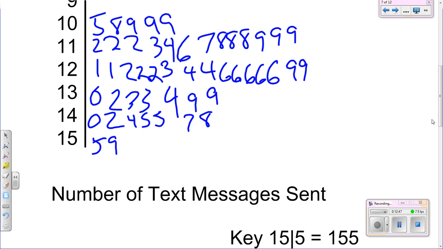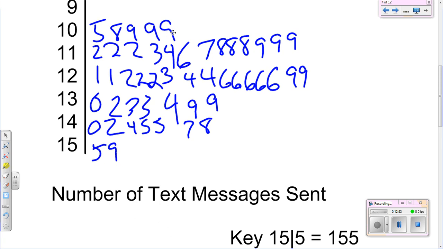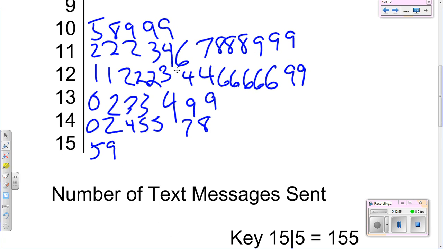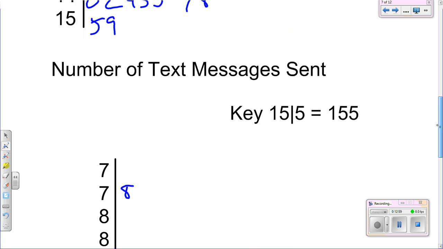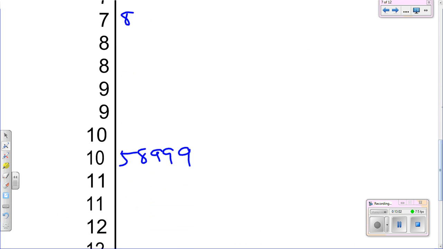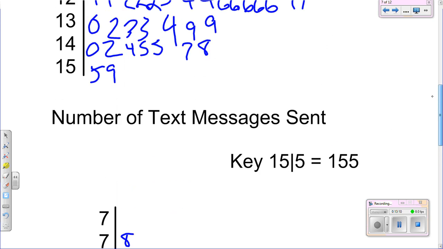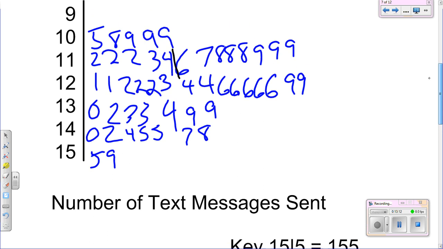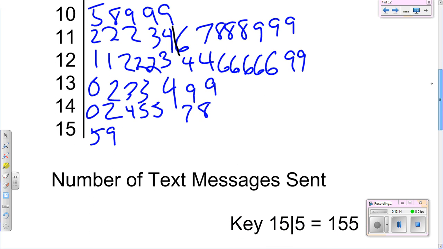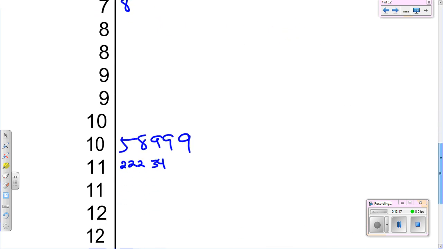Then for my 1-1s, it's going to be cut off at 4s. So it's going to cut off here. So I'm going to have 3 2s, a 3 and a 4. And 6, 7, 3 8s and 3 9s.